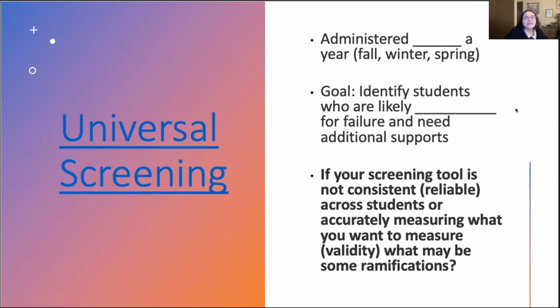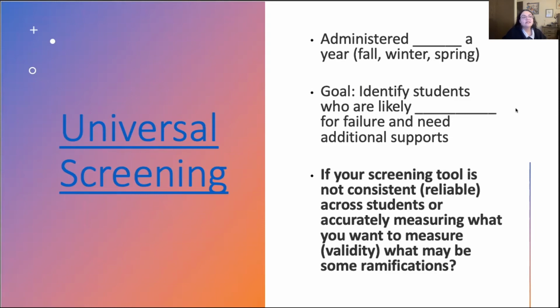If my test told me that 50% of the students that took it across the entire school have huge red flags, that might not be true, but that seems like a very high number. And so maybe this tool is not an effective tool. On the other side, the test that the school selected for screeners could be given to all the students, and it only gives me one student out of a school of 500 who has a possible learning need.